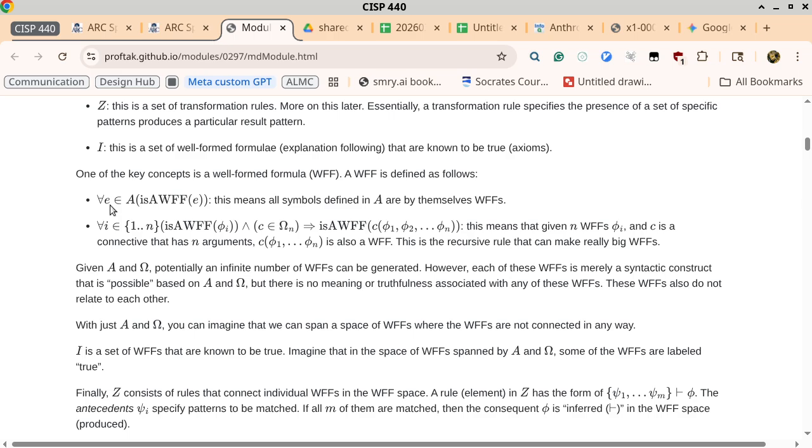Every element in alpha, when we look at it as an expression, is by definition well formed. It's just like in regular C++ programming, any integer constant is a well-formed expression of an integer. Does that make sense? All right. So that's the base case. It's the basis of syntax.